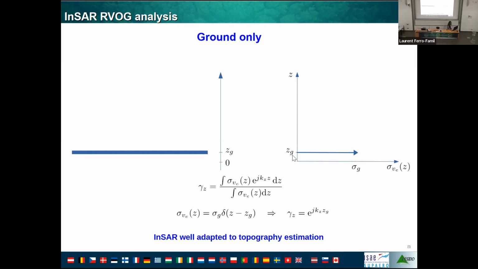So for us, it's a Dirac distribution, localized exactly at the height of the ground. If we compute this correlation value, we get just the classical interferometric phase. So when we look at the surface, at the ground, we get a phase. We didn't learn anything, but at least the model works well.